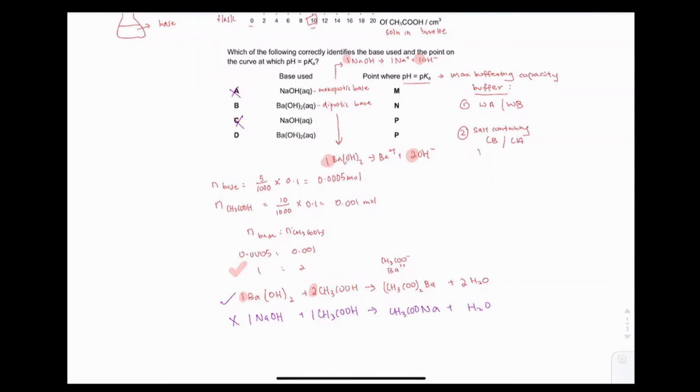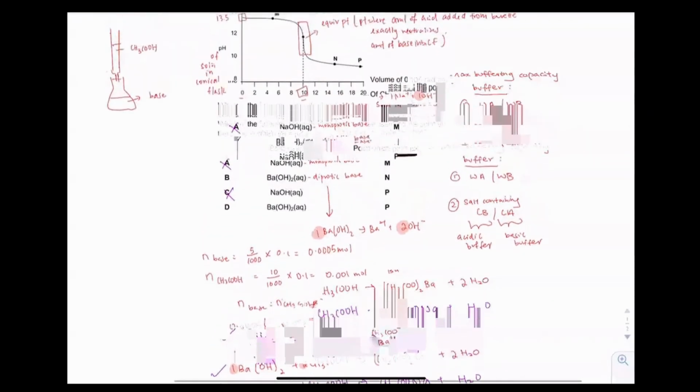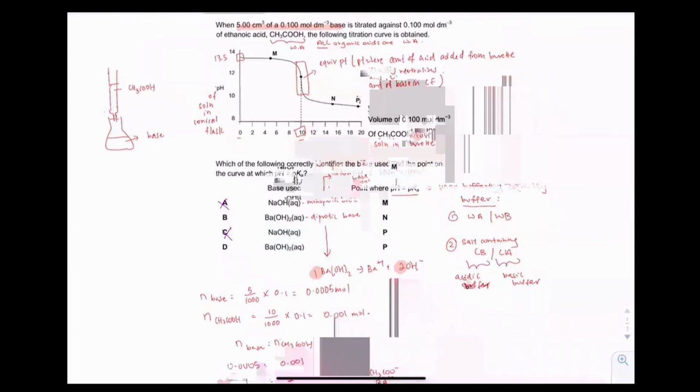Okay, so a weak acid and a salt containing the conjugate base would be my acidic buffer. And a weak base with a salt containing the conjugate acid will be my basic buffer. Right? So then, after we get this out of the way, there comes the more complicated part.